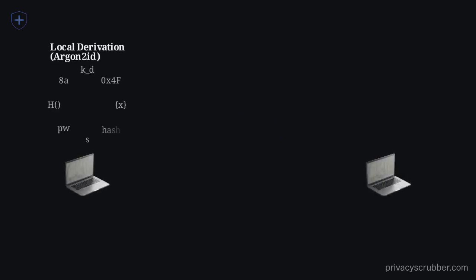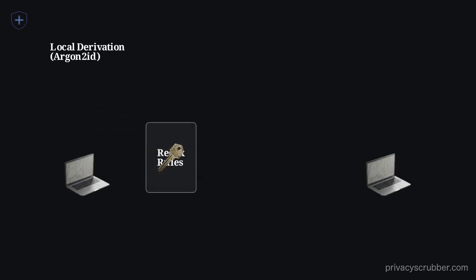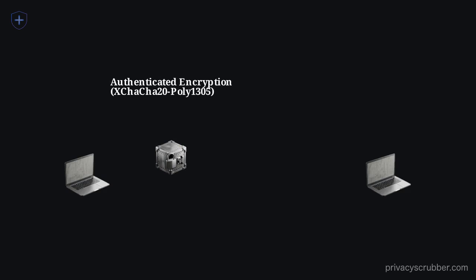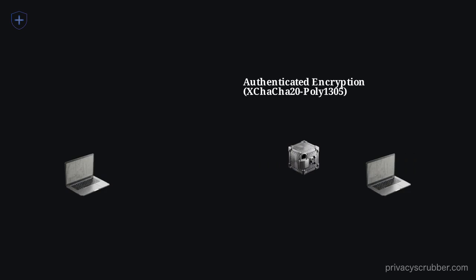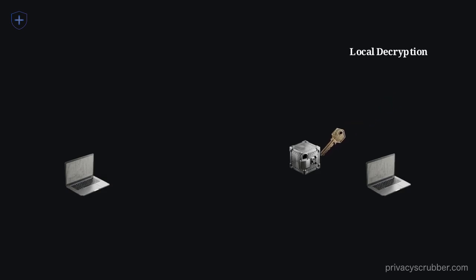The Argon2ID-derived key feeds directly into the XChaCha20-Poly1305 block, encrypting and authenticating the custom regex rules into a locked payload. This encrypted payload then transfers across the void to the receiving endpoint. Because the second node holds the matching credential, it locally derives the same key to decrypt the rules.